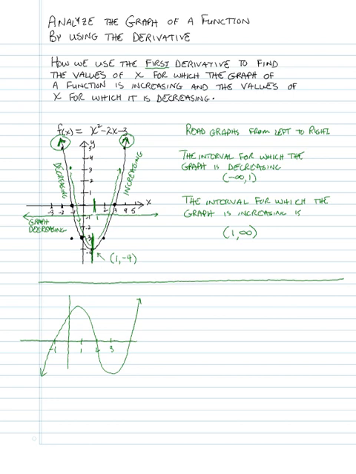Now, I put arrowheads on the end, but those arrowheads are just indicating that the graph is continuing to go in the direction indicated. But here at this position, which matches up with 1, and this position right here, which matches up with 3, we actually had a change in direction.